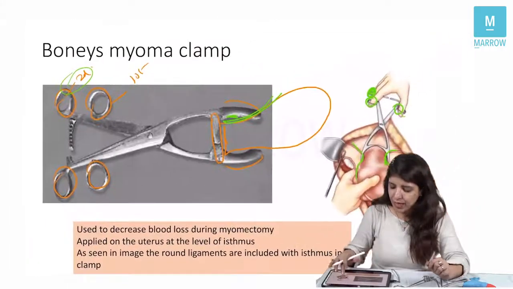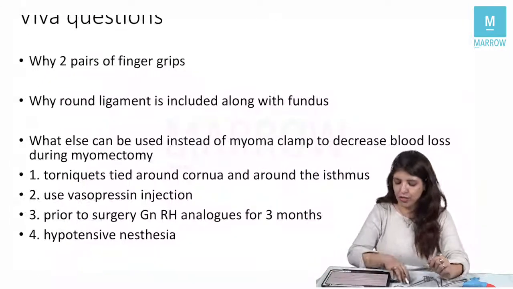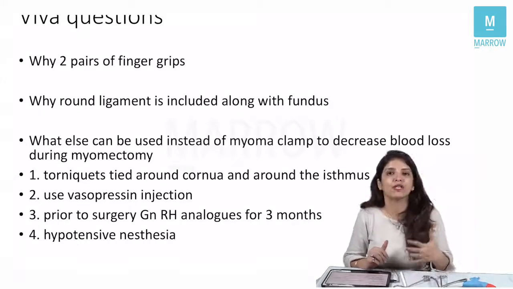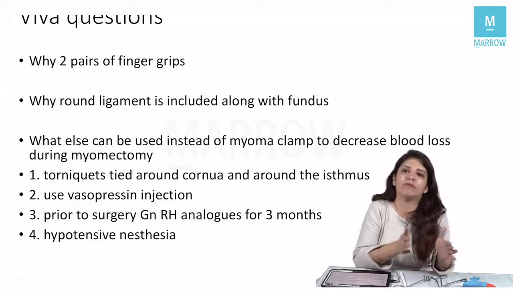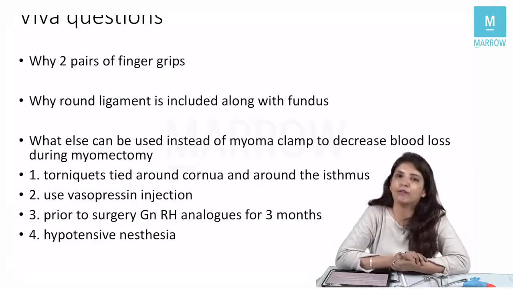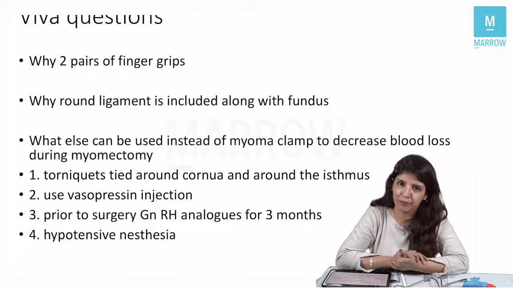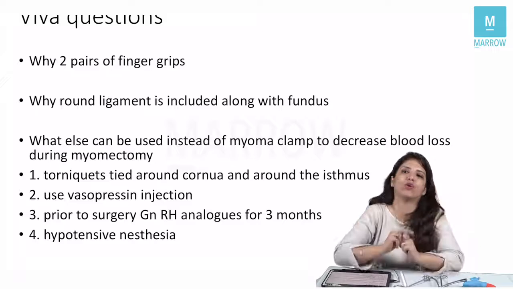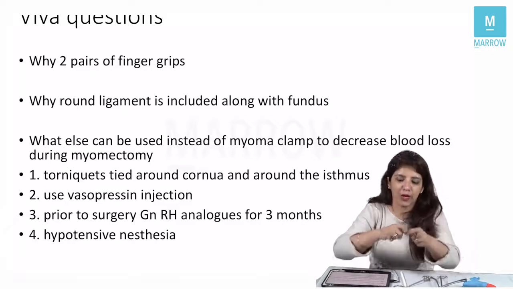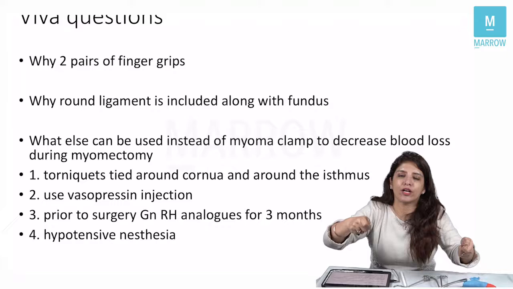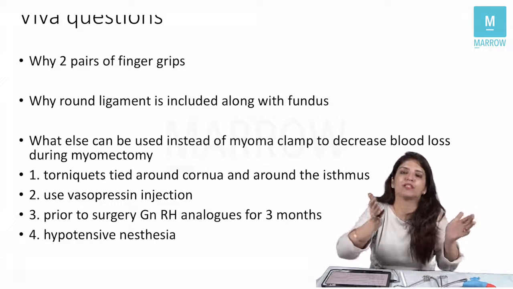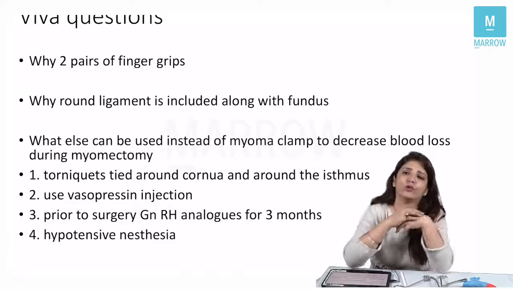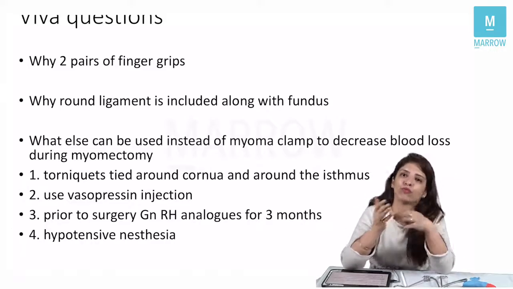Now, another question which they may ask you is, what else can be used in a myomectomy to decrease blood loss other than a myoma clamp? So other than a myoma clamp, you can use a tourniquet. You can tie the tourniquet at the level of the isthmus and at the level of the cornua. Right? So when you are tying the tourniquet at the level of the isthmus, you are preventing the blood flow from the uterine artery, and when you are tying it at the level of the cornua, you are also preventing blood flow from the ovarian artery.